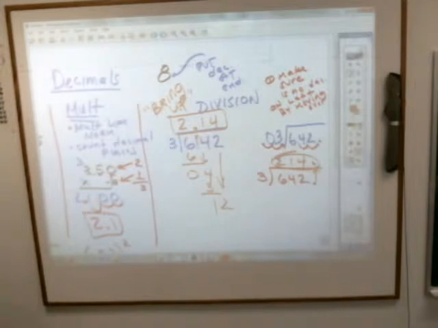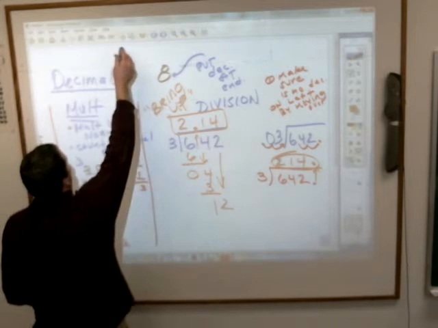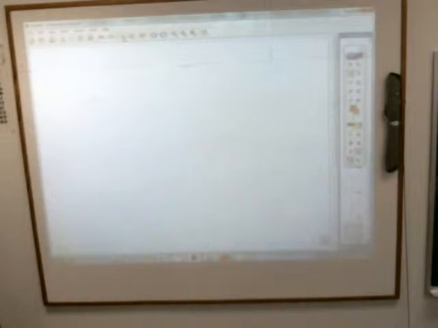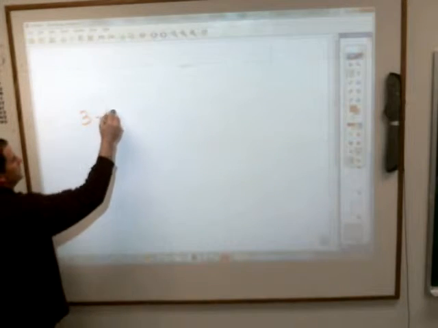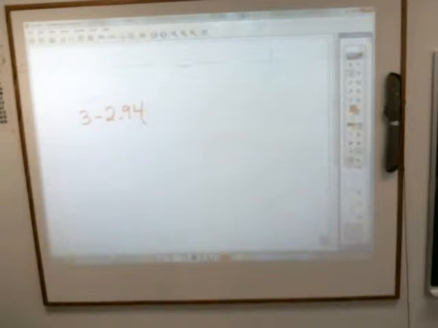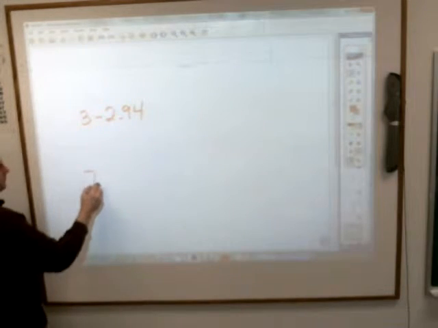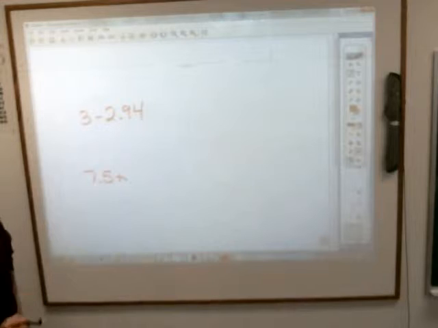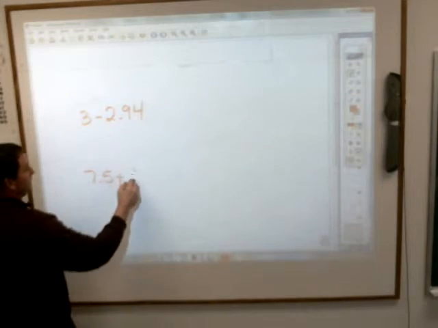Perfect. Here we go. So I want you to do these 4 problems for me right now. 3 minus 2.94, 7.5 plus 12.75.